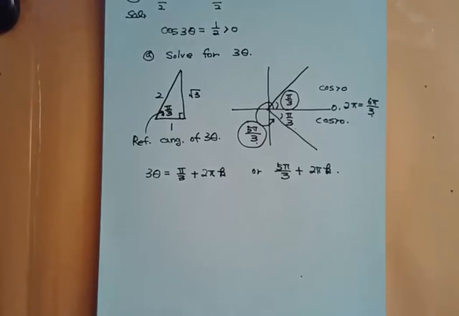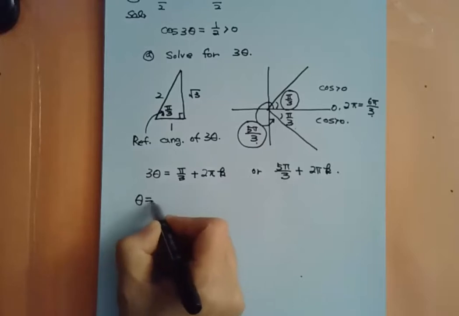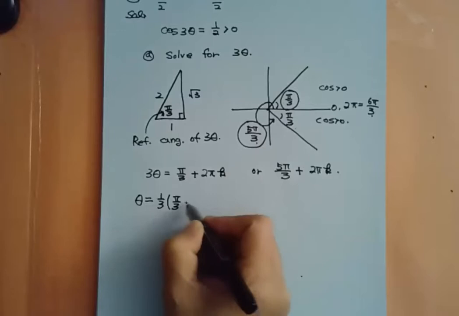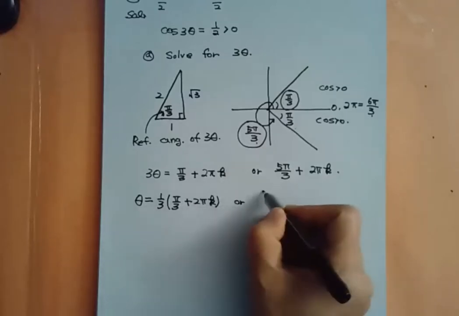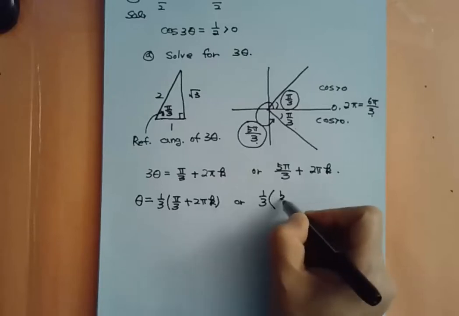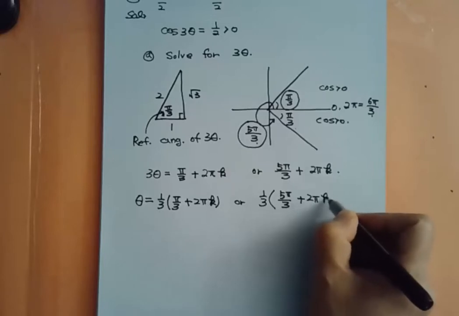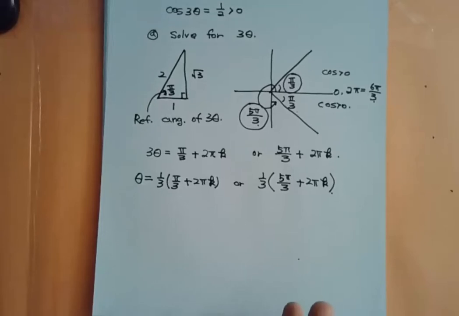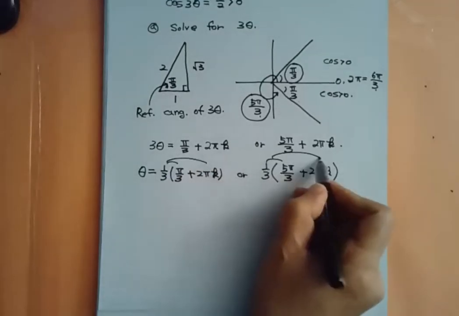So to figure out theta, we divide by 3 on both sides. So theta equals 1 over 3 times pi over 3 plus 2 pi k, or 1 over 3 times 5 pi over 3 plus 2 pi k. So we think about the distribution.